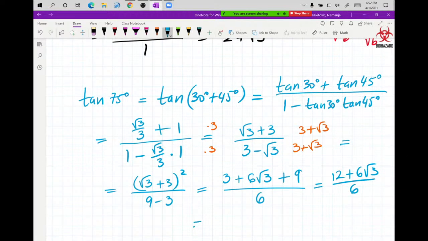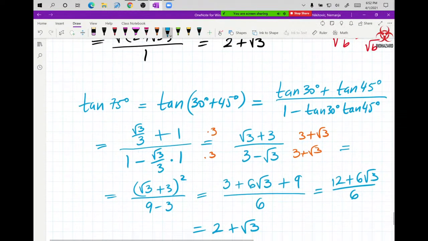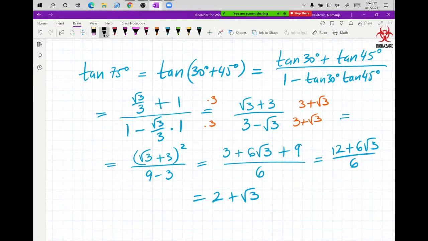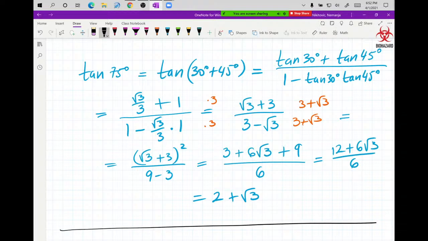And then 12 divided by 6 is 2. 6 and 6 cancel. Root 3. And there's your 2 plus root 3 like we had before. So this problem can be done through half-angle formula, which is what we just learned, or it can be done through addition of two angles because we had 30 plus 45 to make 75.